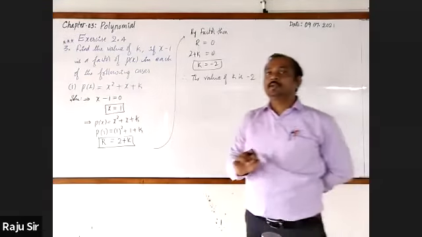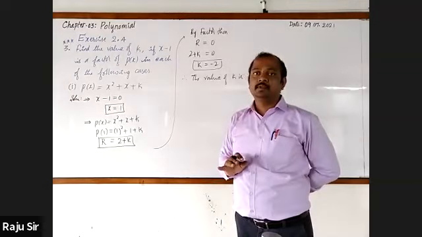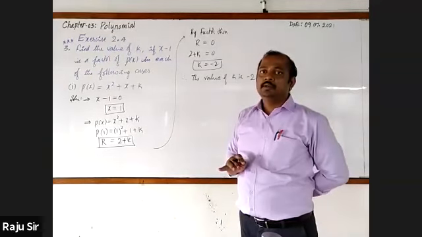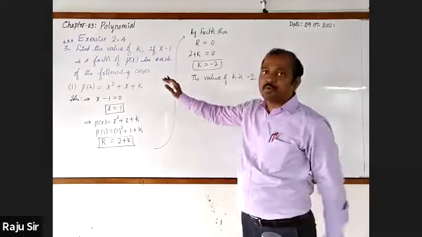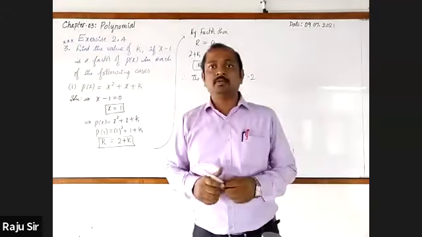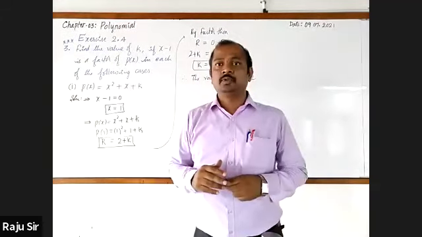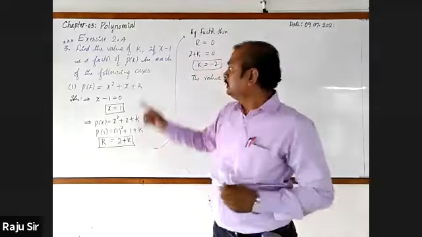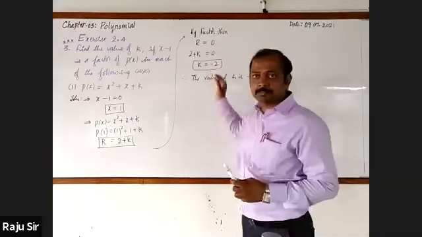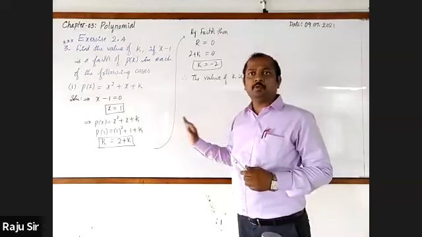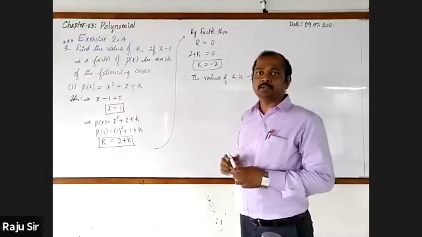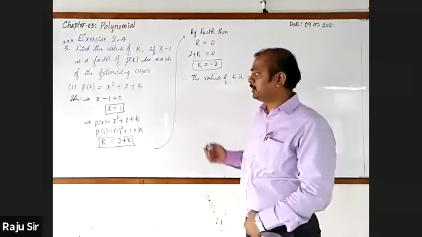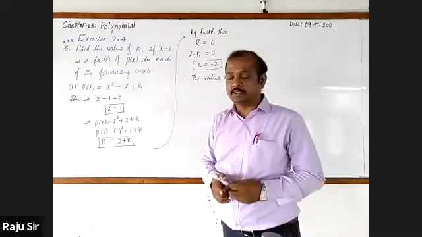Now you may stop writing and listen to me carefully. Dear students, if this question is asked in the examination for 2 marks, you need to follow these steps only. Then you will get full marks. How will the 2 marks be allotted?